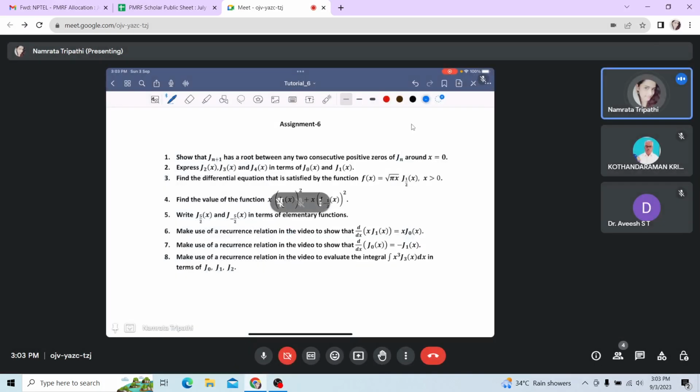Okay, you can try question number one. Question number one says show that Jn plus 1 has a root between any two consecutive positive roots of Jn around x equals 0. So you have to show that Jn plus 1 has a root between two consecutive positive roots of Jn around x equals 0.